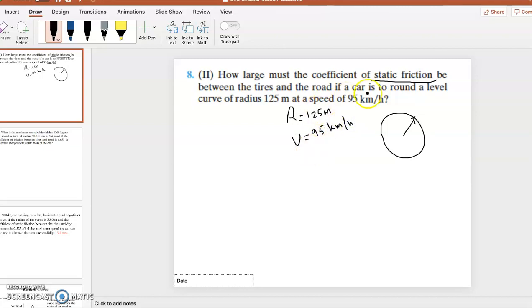Here, of course, pay attention to this, please. It is not in SI units. This is kilometers per hour. We have to convert it into meters per second. This is one thing you have to pay attention to.